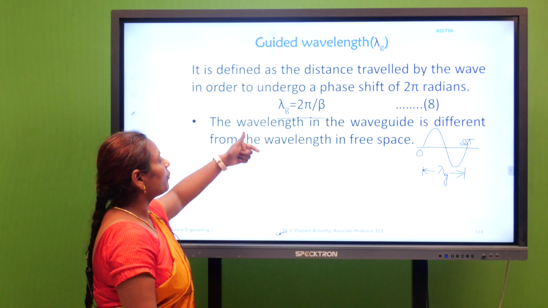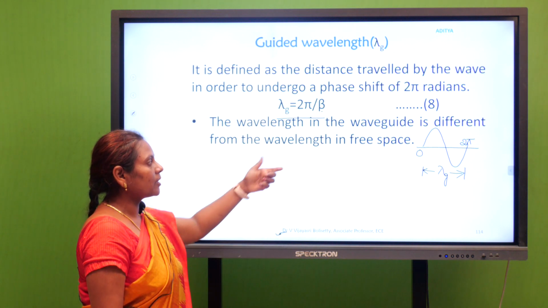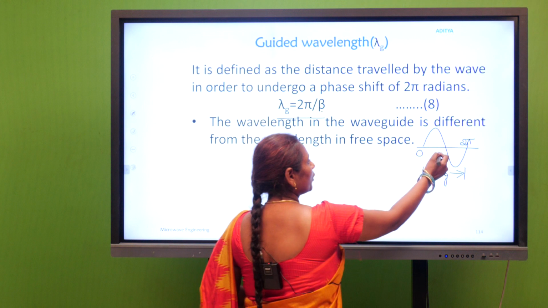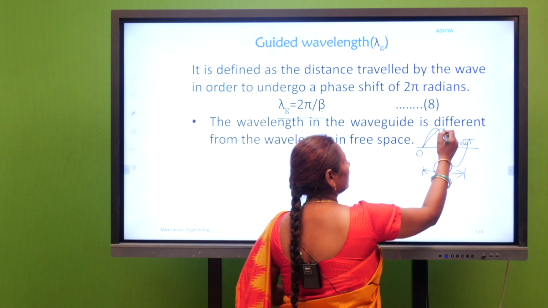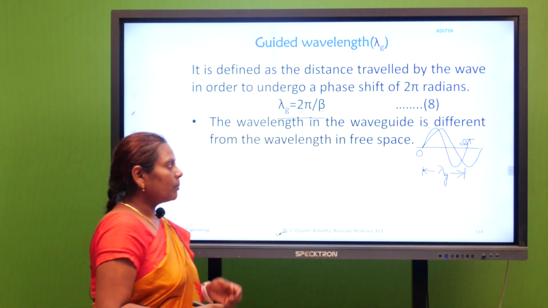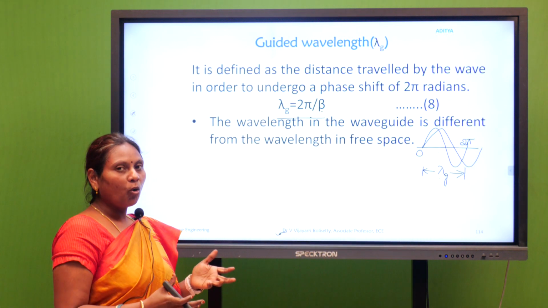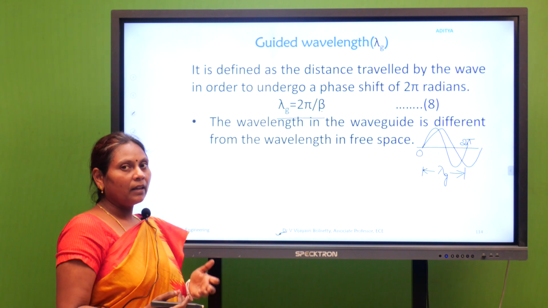The wavelength in the waveguide is not the same as the wavelength in free space. It occupies more distance to have a phase change of 2 pi radians.